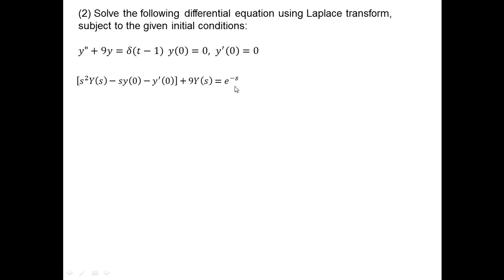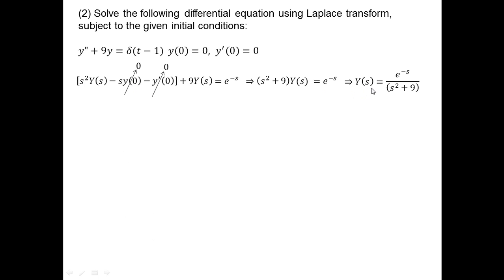E to the minus s is the Laplace transform of delta(t minus 1) according to, again, the Laplace transform table given in lecture. So by applying the initial conditions y(0) equal to 0 and y prime(0) equal to 0, I can find the final relation, (s squared plus 9) Y(s) equal to e to the minus s.